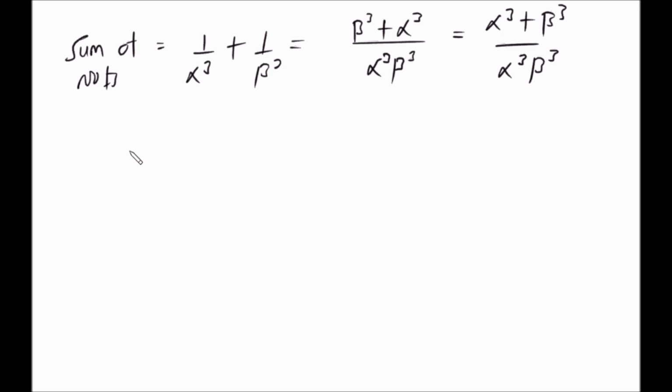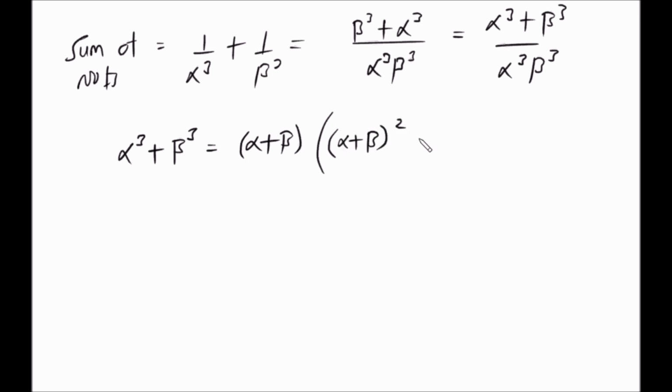So from the previous example tumeona alpha cube plus beta cube ni sawa na alpha plus beta times alpha plus beta squared minus 3 alpha beta.